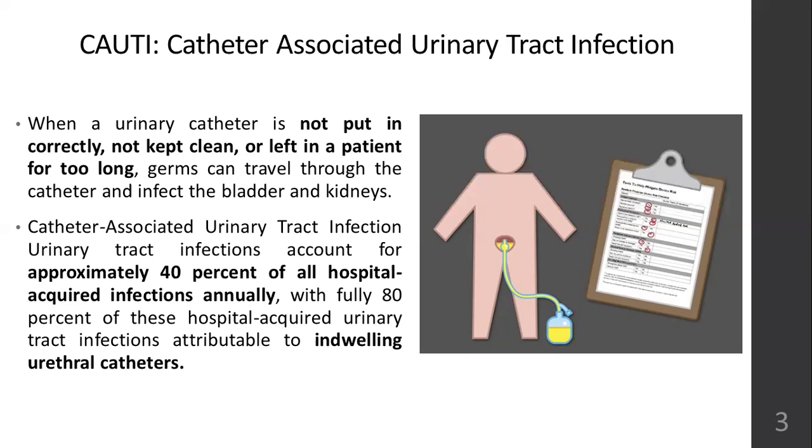Indwelling urethral catheters means the catheter which you have inserted and it stays there, not the intermittent catheter which you put in only for urinating, or condom catheters which are used only while urinating and then removed. You place an indwelling catheter and it stays in the patient's urethra for a few days, maybe a week or so.